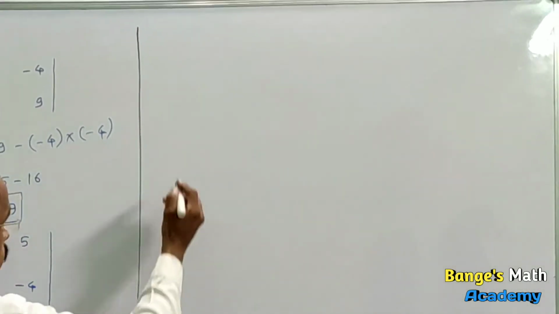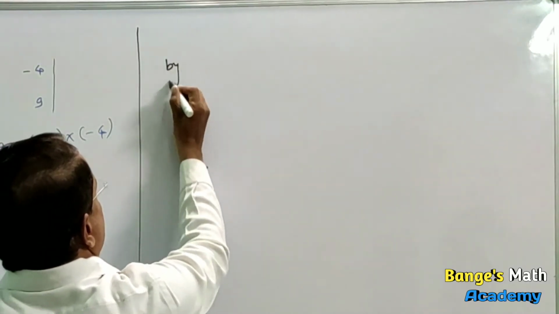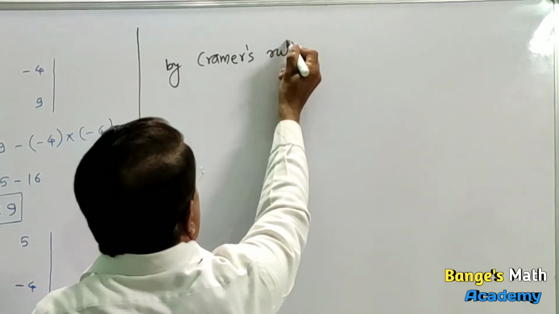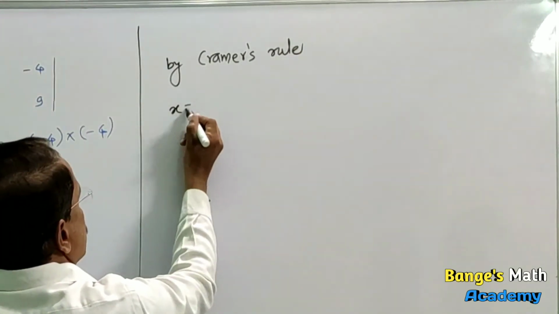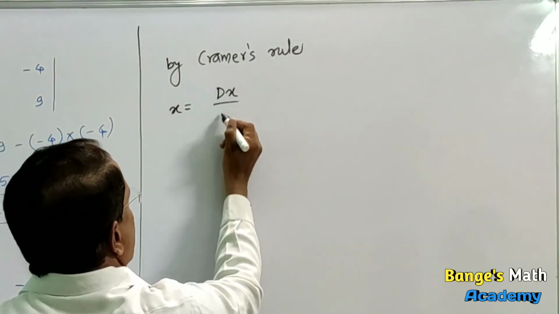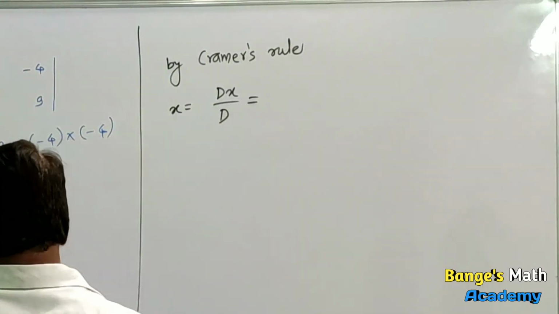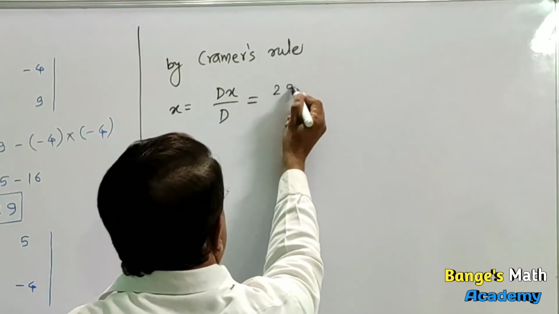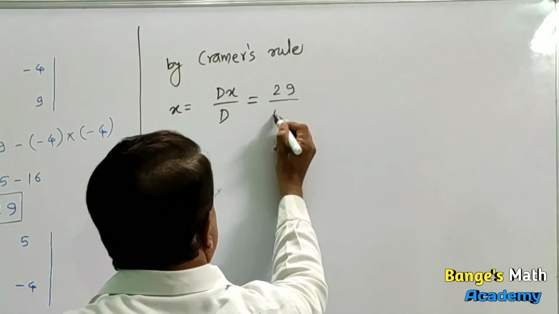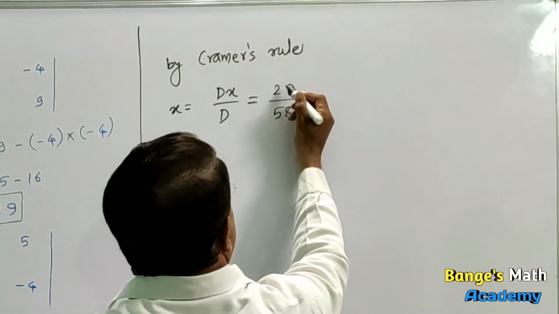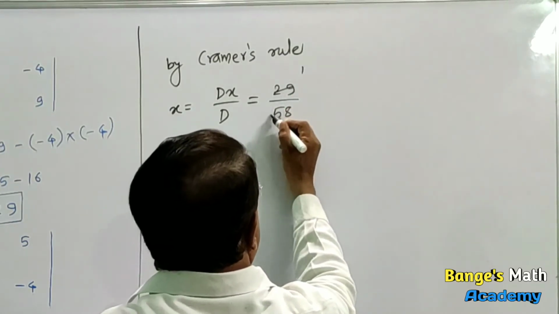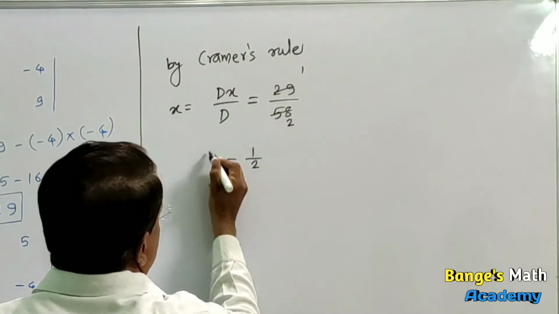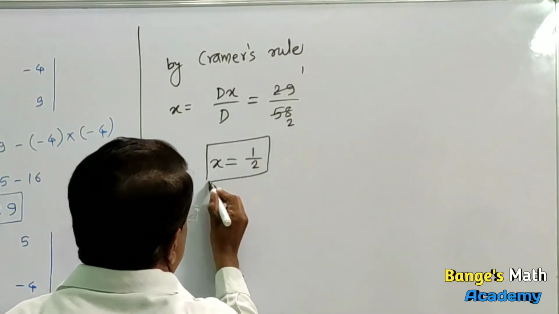Find value of x and y by Cramer's rule. x is equal to dx upon d is equal to dx 29 upon d 58. By cancelling, 29 ones are 29, 29 twos are 58, we get value of x is 1 upon 2.